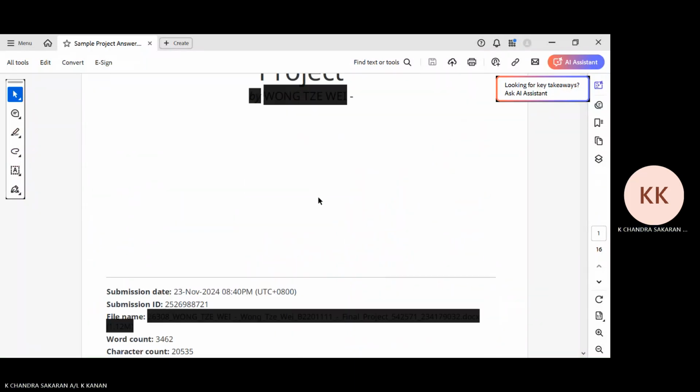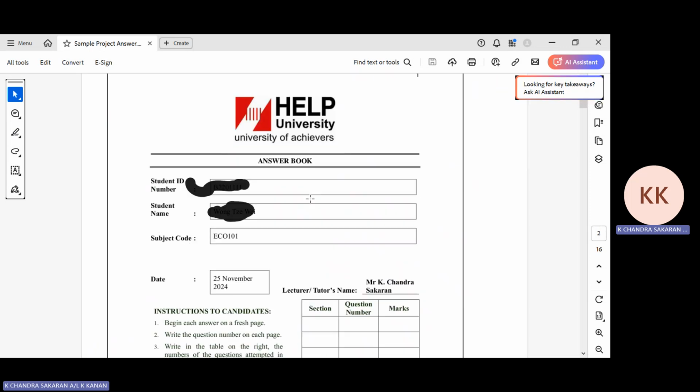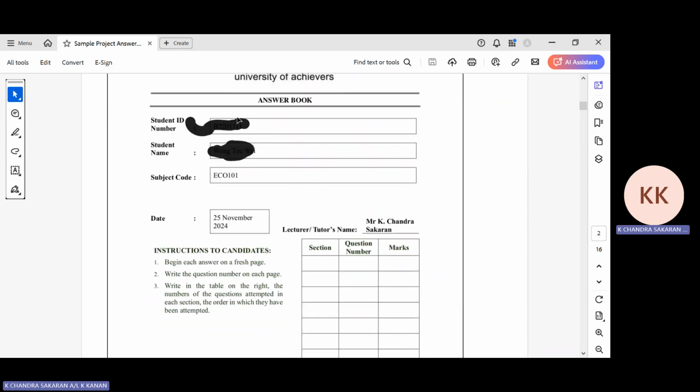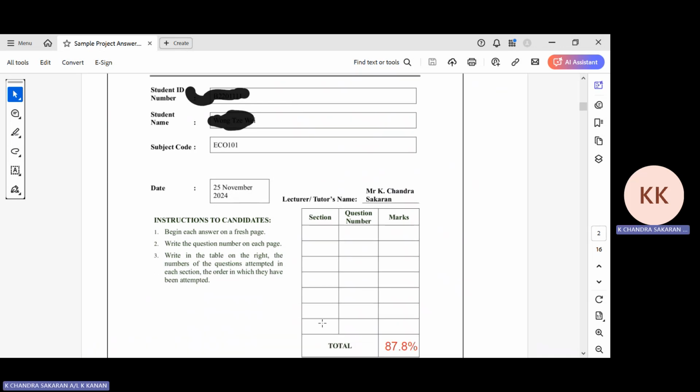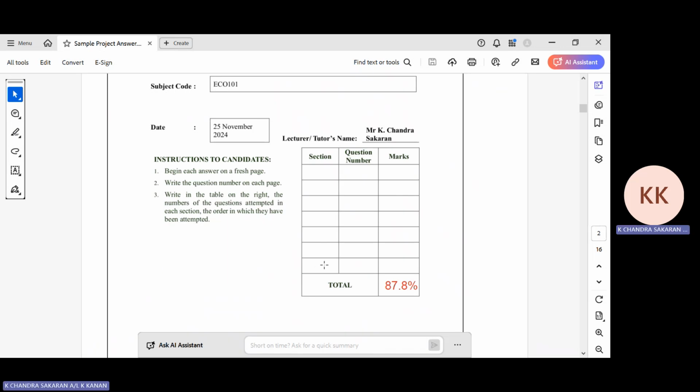This is the answer book. Answer book: your name, student ID, subject code, date, your lecturer, tutor, whatever you can write down. This one, all don't do anything, leave it. This is called the answer book. It's already given in HLMS. So this student got 87.8%.